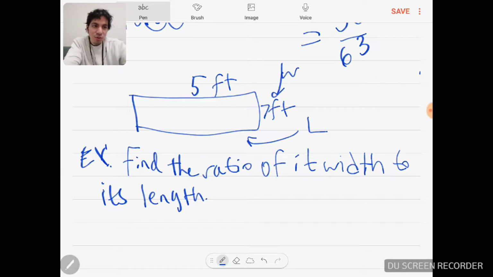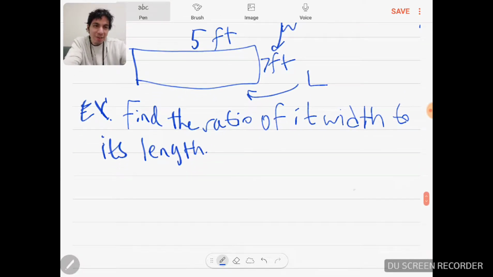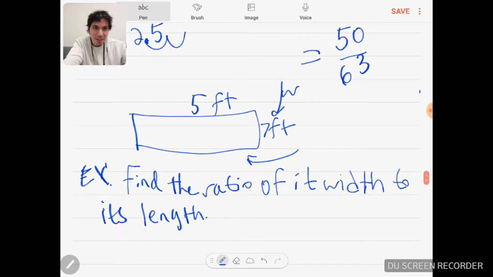So knowing this, I have to set my length, which is 5 feet. Right. Sorry, I think I got it confused. It's the other way around. This is my length, and this is the width.